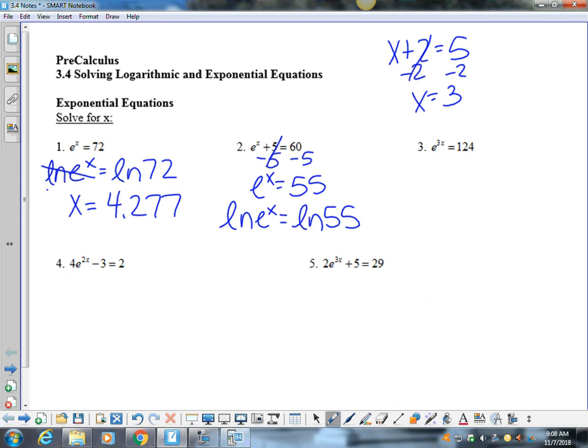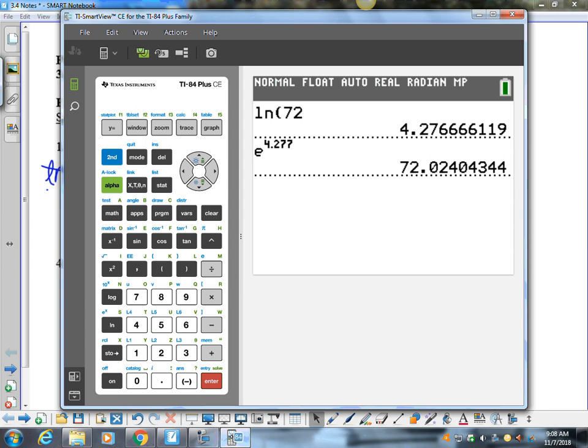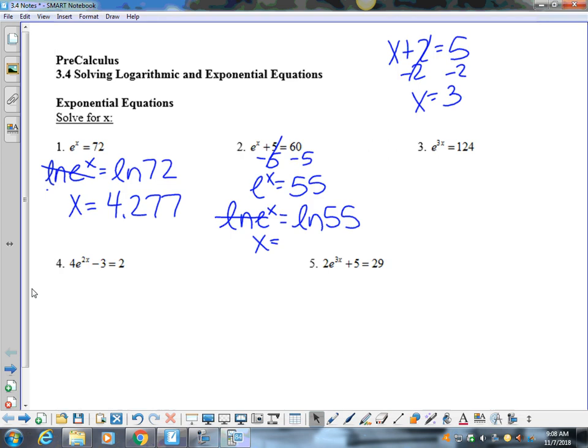What happens to the ln of e? It cancels, the little x falls down, and I grab my handy dandy calculator and ln 55. We're going 3 decimal places, so we get 4.007.